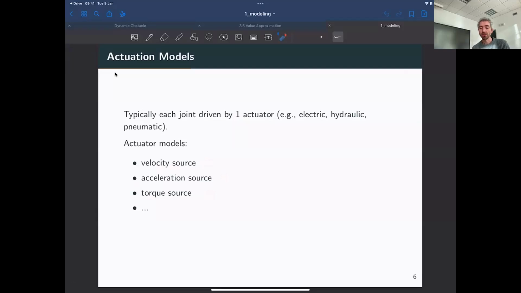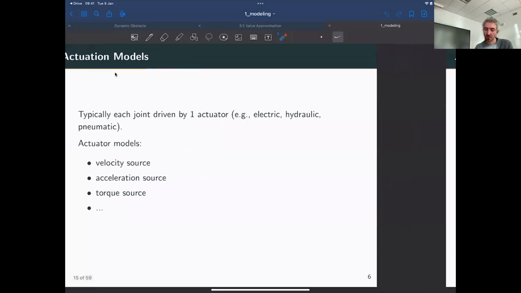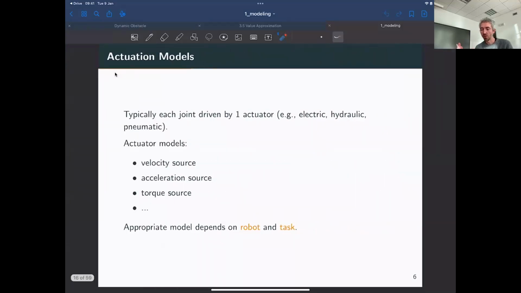It depends on your actuator type, and it depends on the application. So same robot, depending on the application, you might be better off using option number 1 or option number 2. So choosing the right model for your actuator is also a bit of an art, more than a science, because it boils down to knowing what is a reasonable approximation for the problem you're trying to solve.